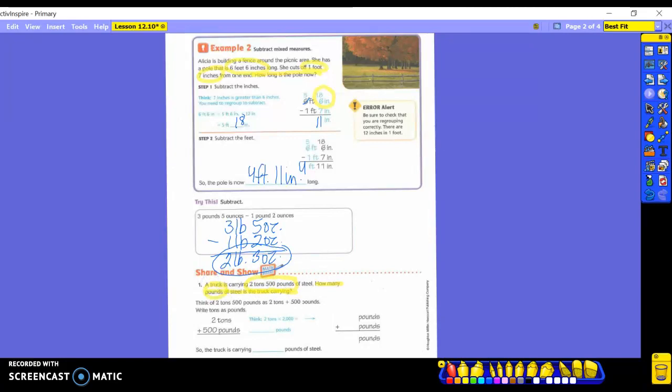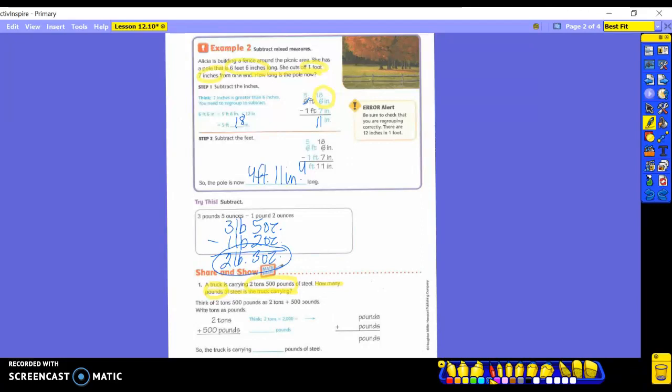Pounds. So we're going to think of the 2 tons, 500 pounds as 2 tons plus the 500 pounds. That's not difficult to think about, right? So that's what they wrote. 2 tons plus 500 pounds. Now, what do we know about pounds and tons? How many pounds are in a ton?